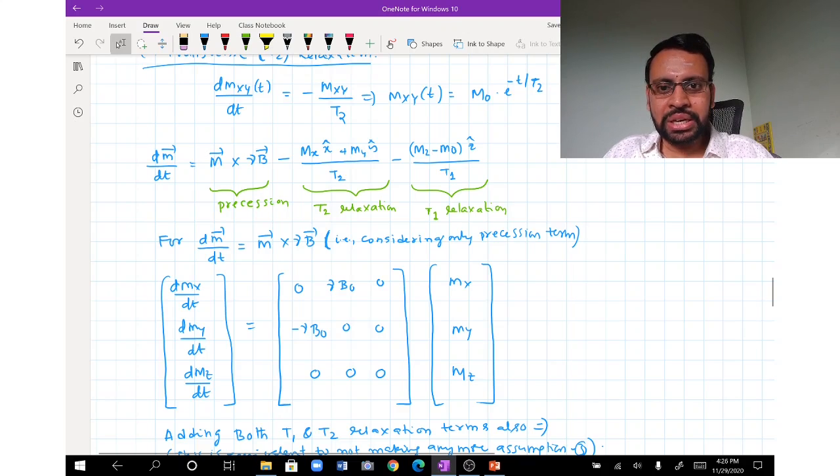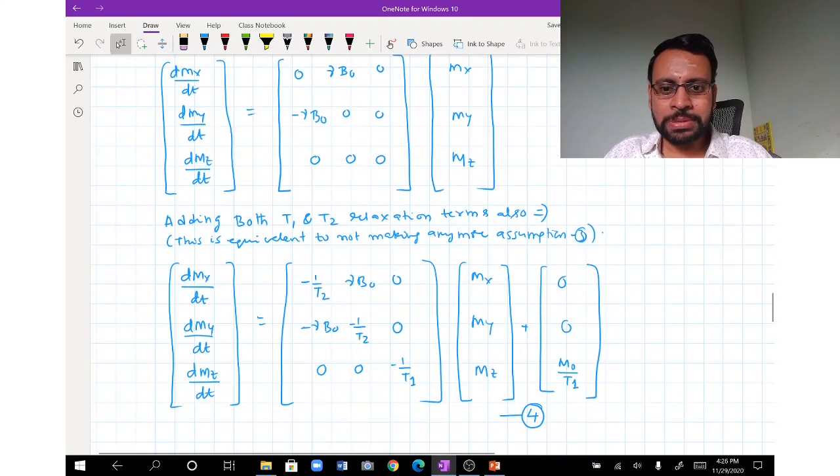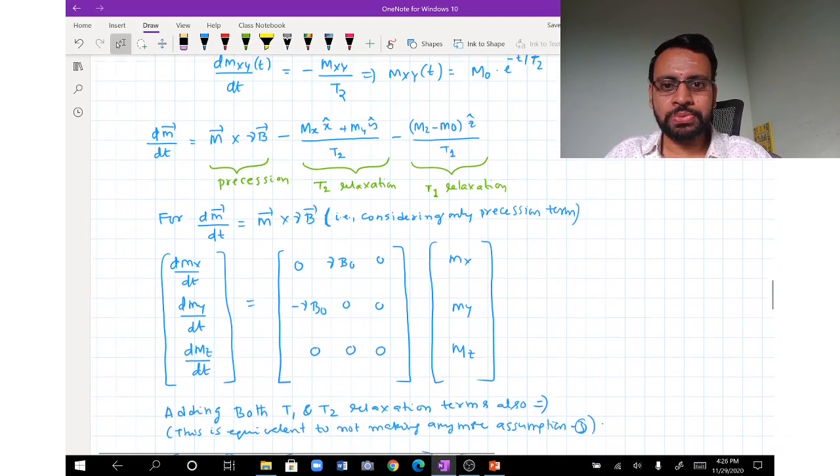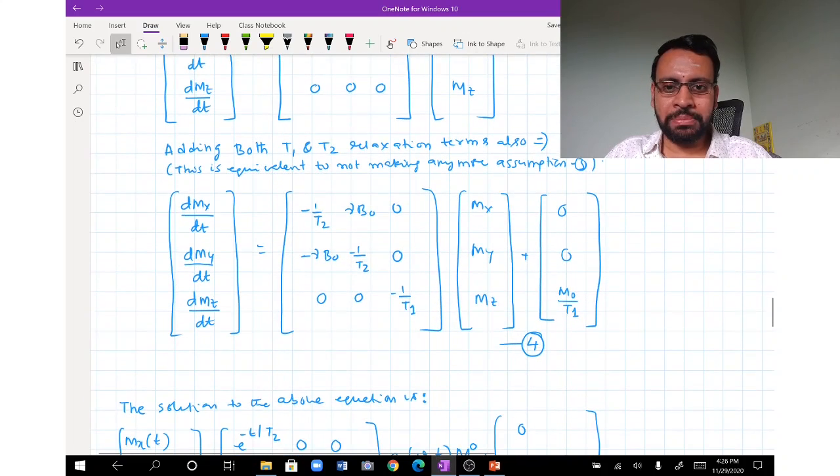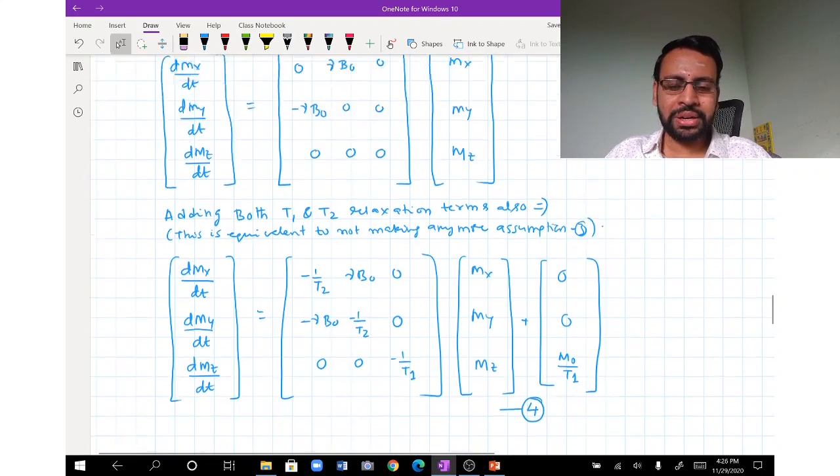So additionally, for mx you have minus 1 by T2, so that has been kept here, minus 1 by T2 for mx. Looking at the terms associated with T2 relaxation, for my there is again a term minus 1 by T2 that should come in the expression for dmy by dt, is it not? Because this is the term associated with my. So this minus 1 by T2 has come here, minus 1 by T2 times my, right?